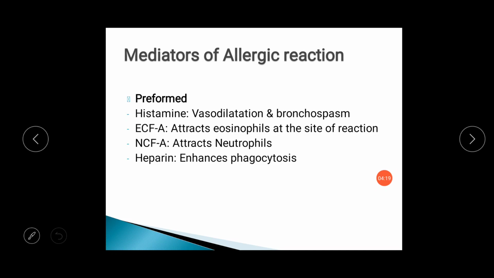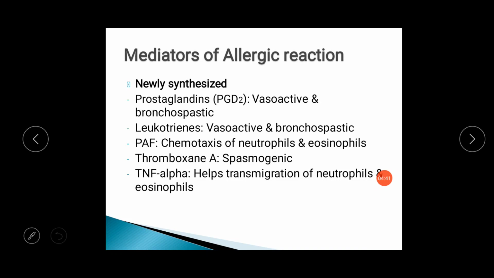Histamine causes vasodilatation and bronchospasm. ECFA will attract eosinophils at the site of reaction. NCFA will attract neutrophils at the site of the reaction, and heparin will enhance phagocytosis.